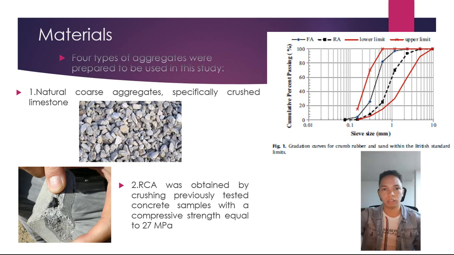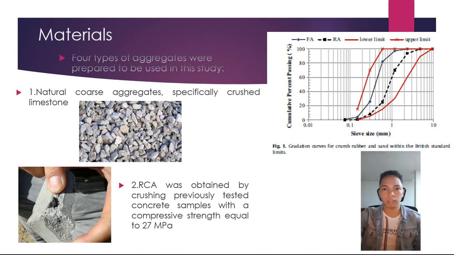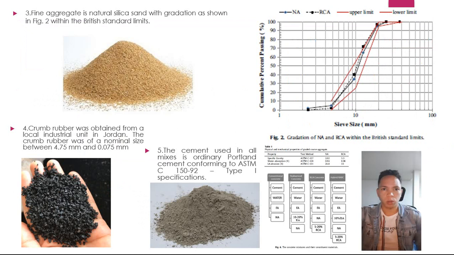2. RCA, recycled concrete aggregates, was obtained by crushing previously tested concrete samples with a compression resistance equal to 27 megapascals. The obtained particles were weighed, dried and sifted using standard aggregate sieves. The grading curve is shown in figure 1. 3.